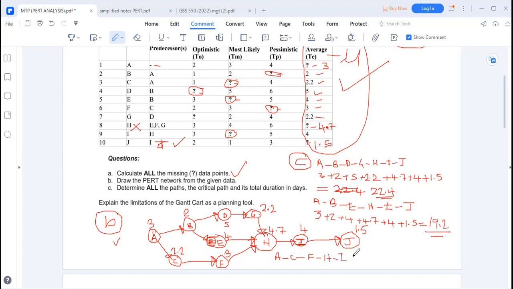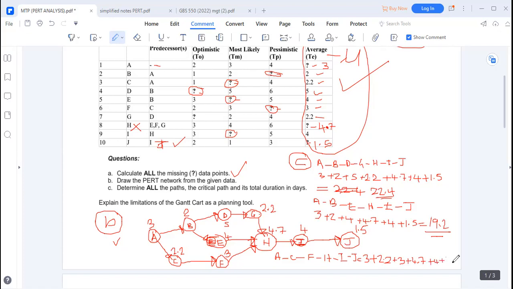then getting to J. So meaning that T will be 3 plus 2.2. Okay, so 2.2 plus 3 plus 4.7, then plus 4, and plus 1.5.